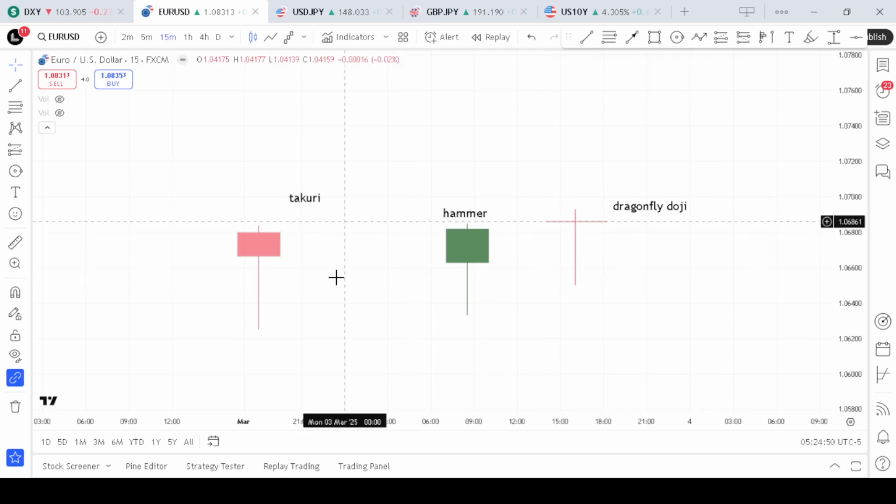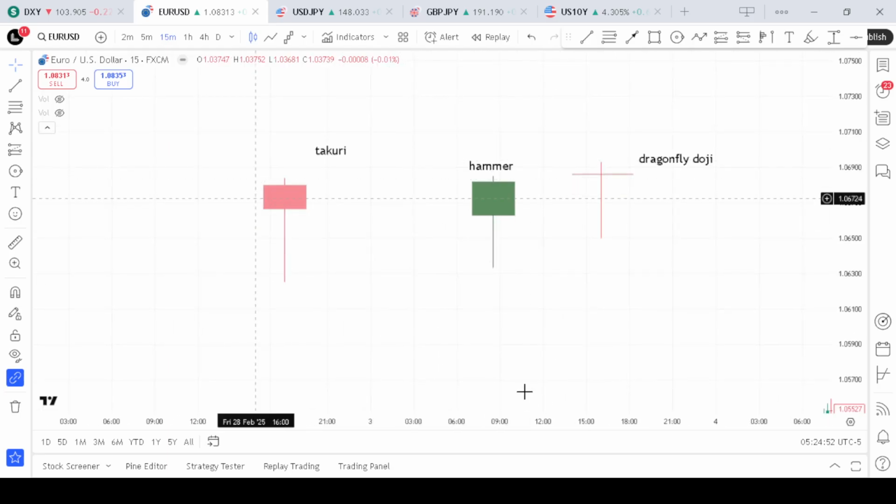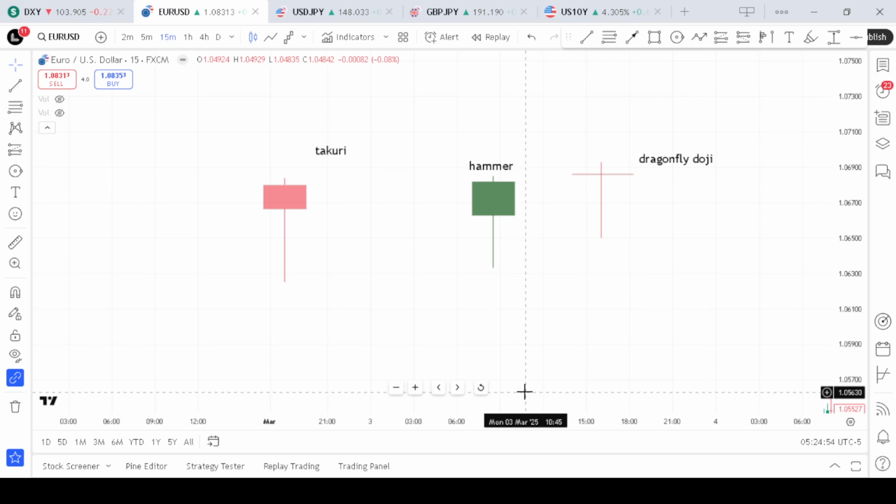So these are the differences between these candlestick patterns. When you correctly identify a Takuri pattern in your chart, you are spotting a moment where market sentiment might be shifting. However, as you will learn later in this video, how you should trade this pattern might surprise you.